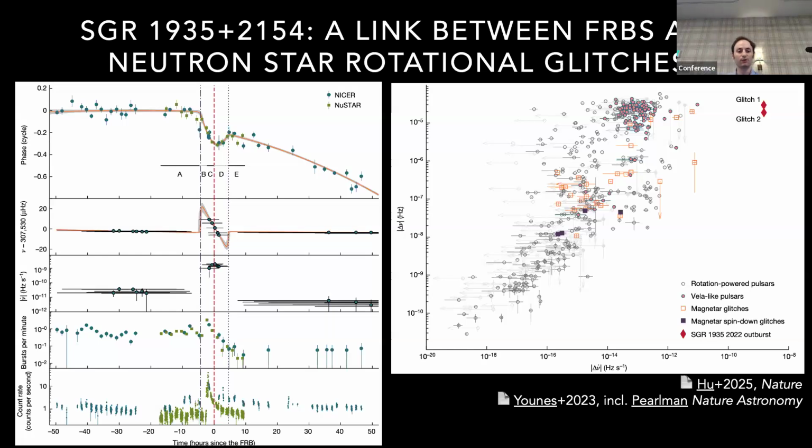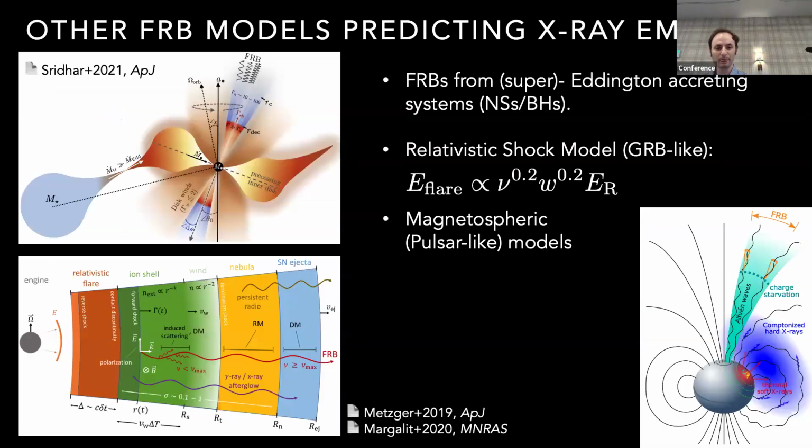SGR 1935 has also recently been seen to exhibit these glitch-like behaviors, bracketing the time of an FRB on the scale of a few hours, which is something we could search for with AXIS with its timing capabilities. These glitches are some of the highest amplitude glitches in the entire neutron star population, suggesting that there could be a link between neutron star rotation and the FRB emission mechanism if a similar process applies to FRBs.